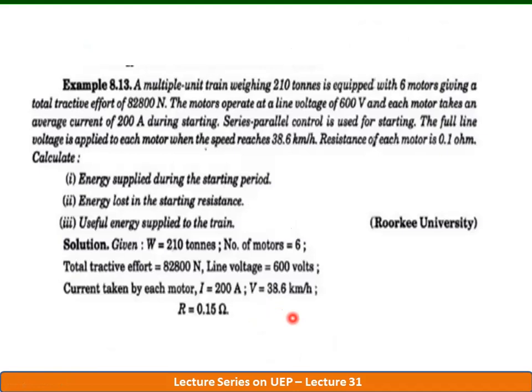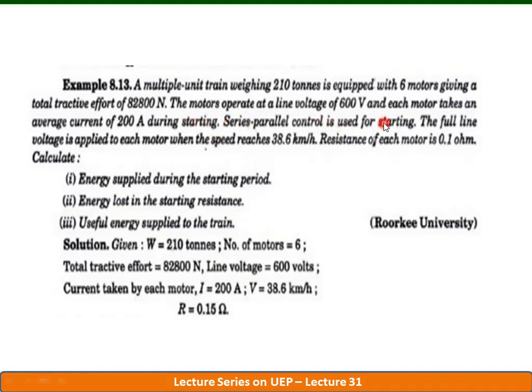Next one, a multiple unit train weighing 200 tons is equipped with 6 motors giving a total tractive effort of 82,800 Newton. The motors operate at a line voltage of 600 volts and each motor takes an average current of 200 ampere during starting.